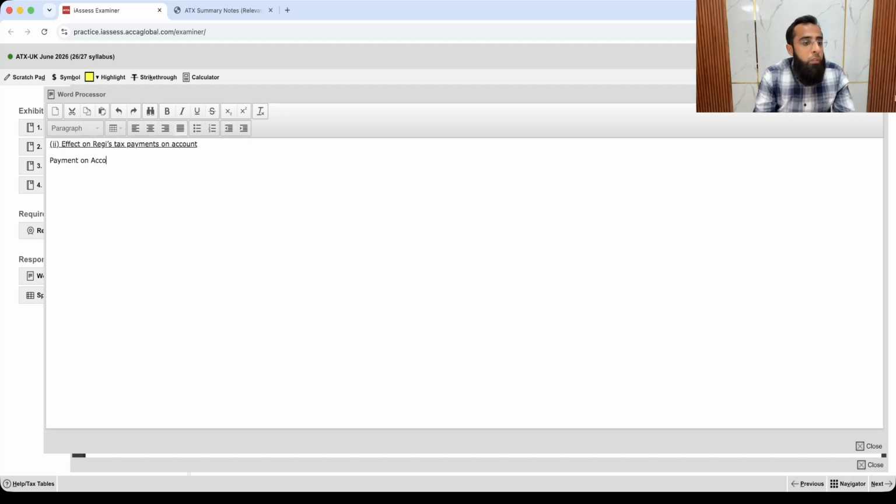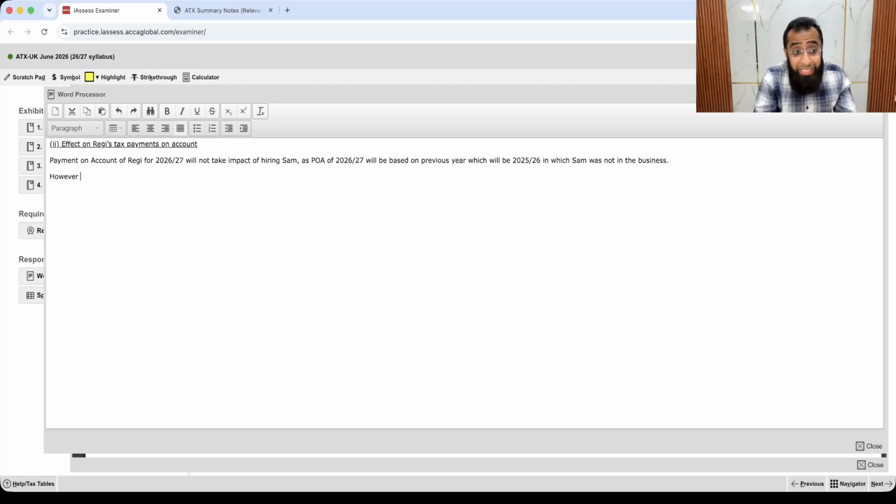Payment on account of Regi for 2026-27 will not take the impact of hiring Sam, as POA of 2026-27 will be based on the previous year, 25-26, in which Sam was not in the business.